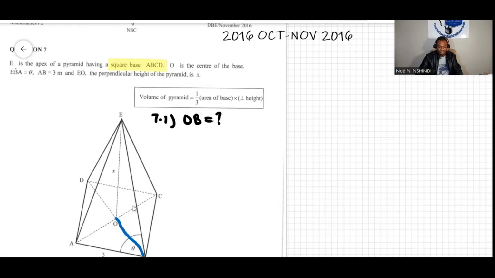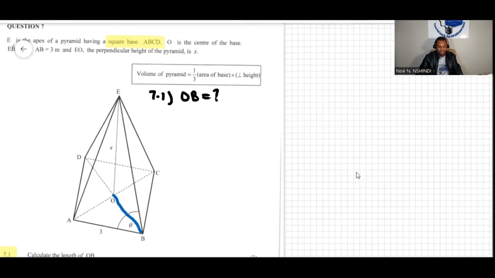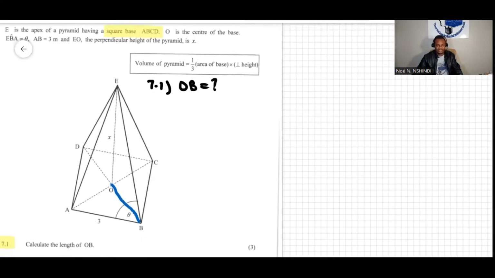So this one here is just a square. The property of a square is that all the sides are equal, so this is equal to that, is equal to that, is equal to that. So they're all 3 meters. This is also 3 meters, and this is also 3 meters, and that's 3 meters.